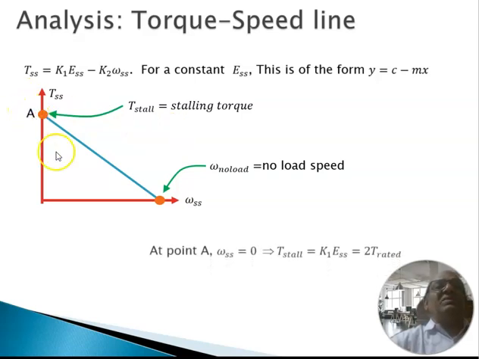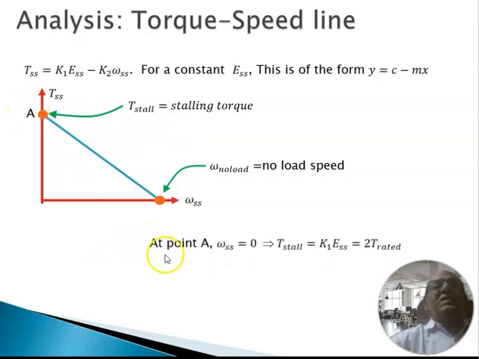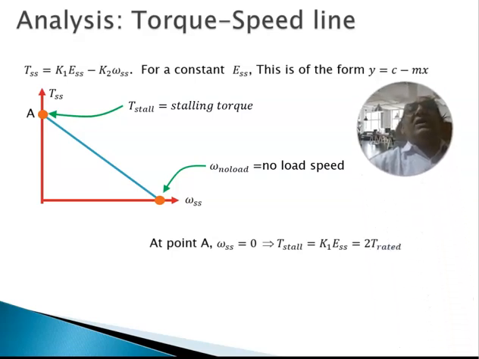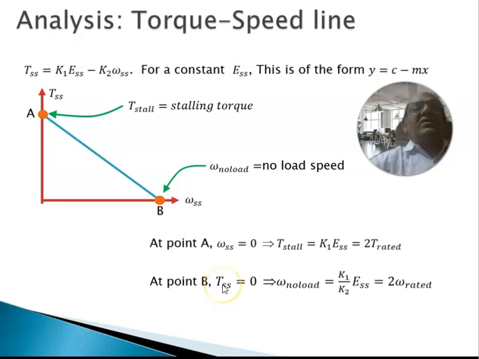Call this point A. At point A, you have speed equal to 0. Using that, we can get the stalling torque value. Substitute omega SS equal to 0. So TSS is equal to K1 into ESS. This we call stalling torque, and we see it is twice the rated torque. Similarly, at point B, which is here, we see that the torque is 0.